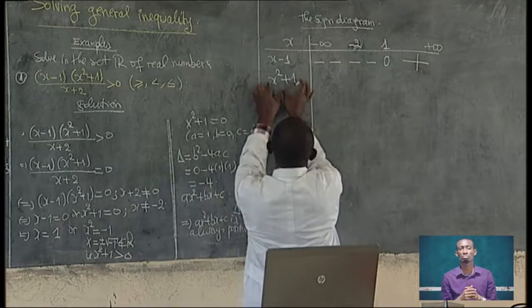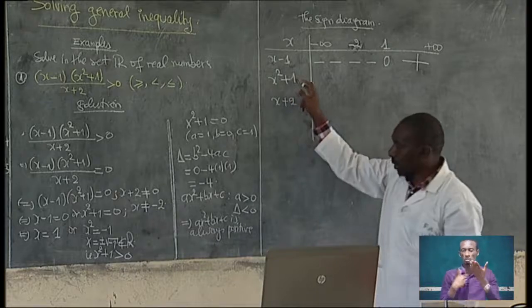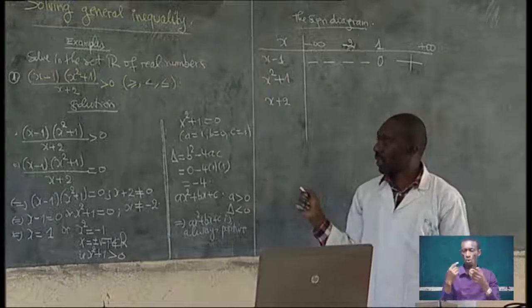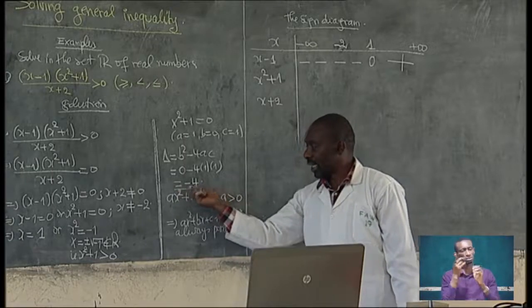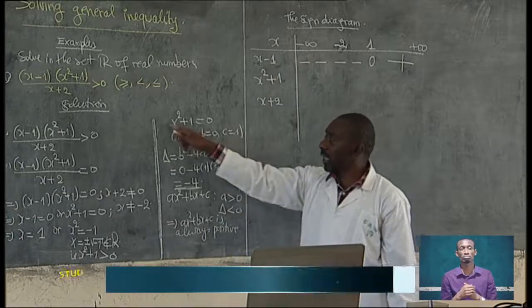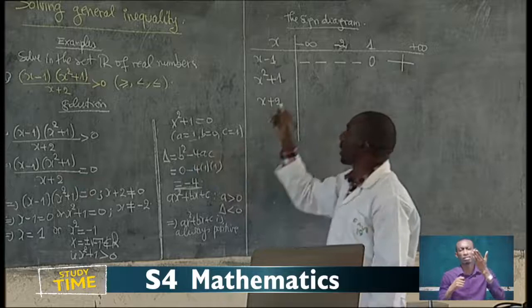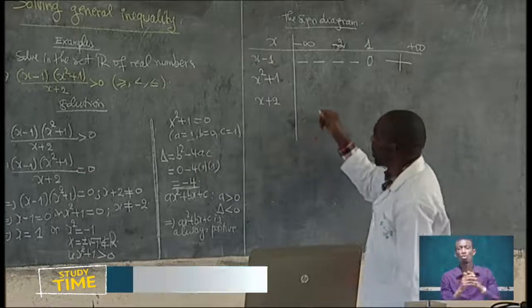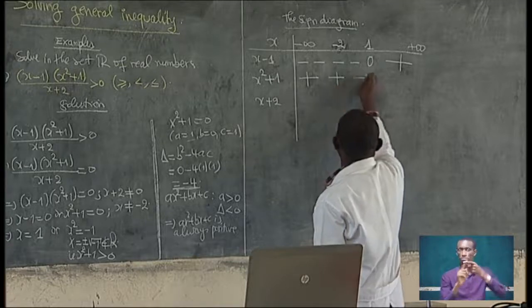For x squared plus 1, we have realized that it is always positive as its discriminant is negative. Are we together? And the leading coefficient a is also positive. So this is always positive, and I'm free to put the positive sign everywhere.